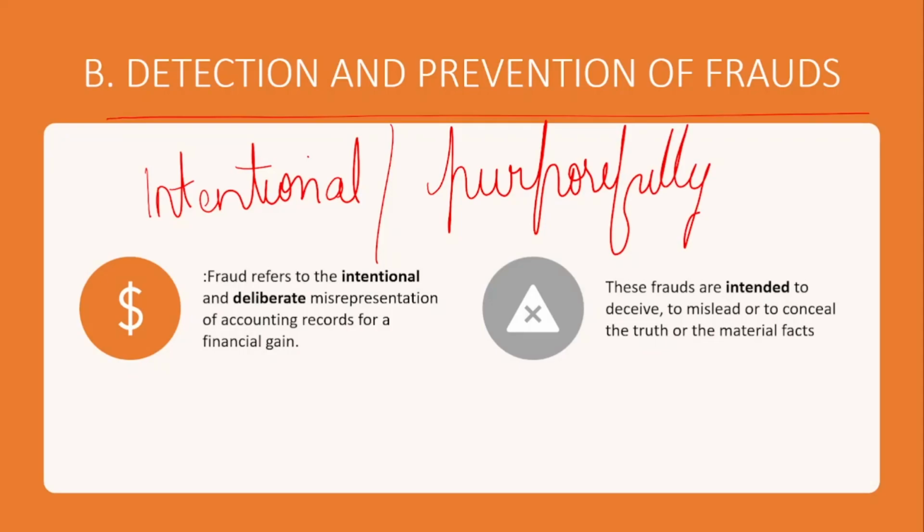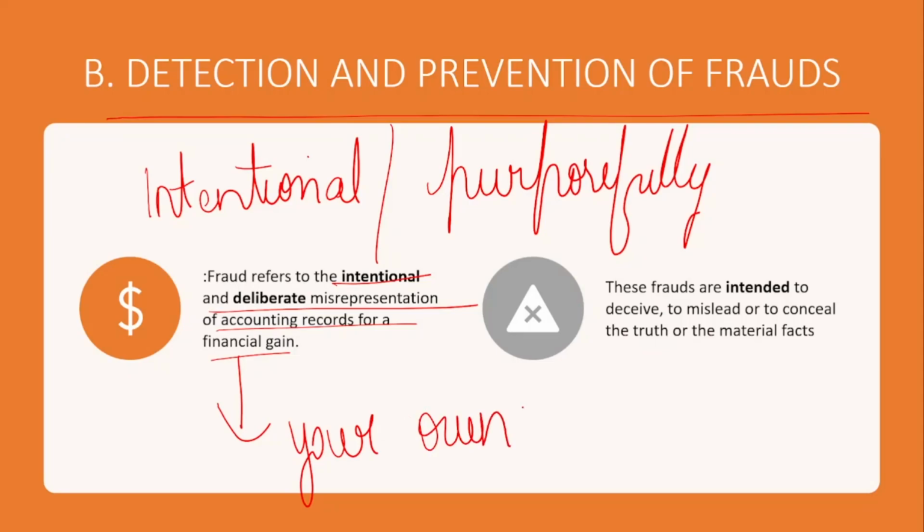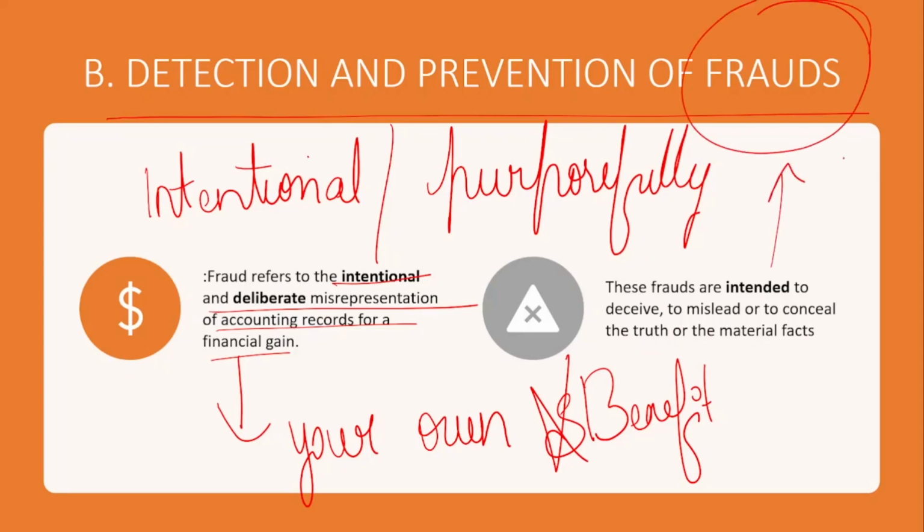Fraud refers to the intentional and deliberate misrepresentation of accounting records for financial gain, for your own benefit, or for the benefit of the shareholders, the owner of the company. They will purposefully show more profit, purposefully show less profit, purposefully mismatch some books of accounts. If you purposefully perform any mistakes, such mistakes are known as frauds.